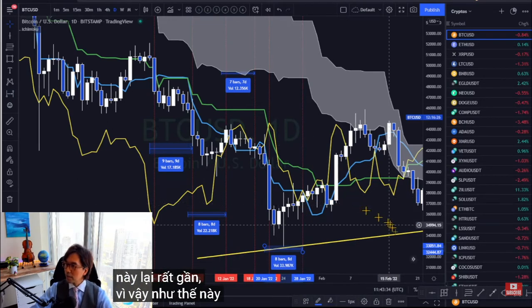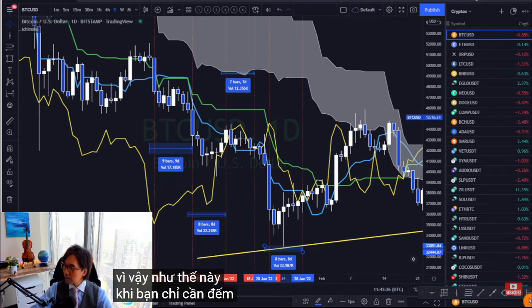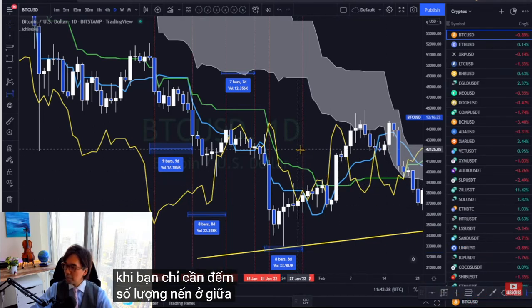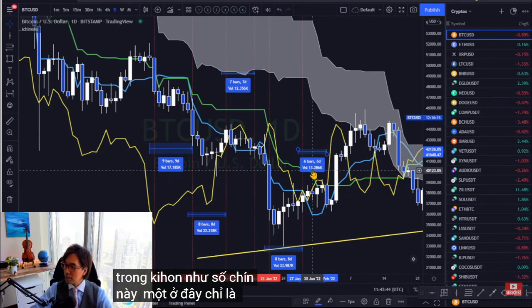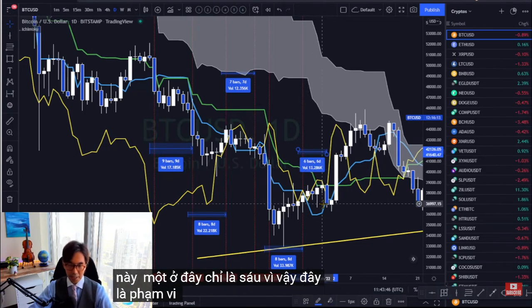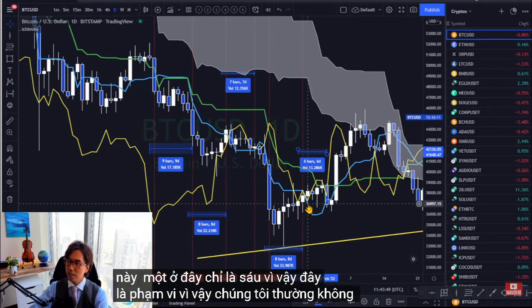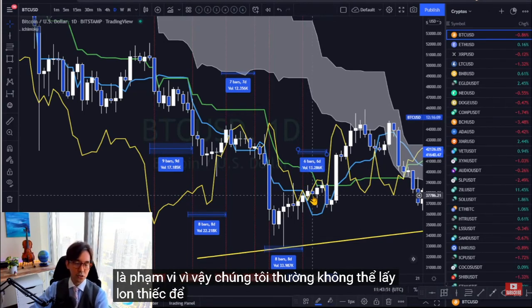So when you simply count the number of candles in between, they are very close to Kihon Suchi number 9. This one over here was only 6, so this was a range. So we usually can't take the Tenkan-sen trade.